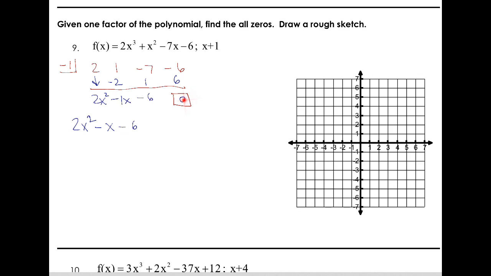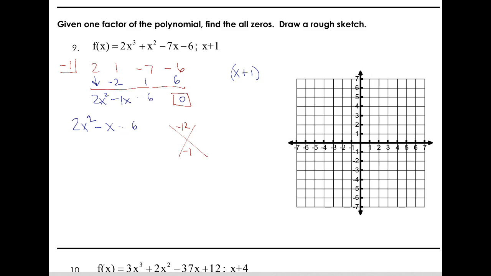We see that this is a 0, so we know that this is in fact a factor. So one of the factors is x plus 1. Now we factor to get the remaining factors, right? So 2 times negative 6 is negative 12, and a negative 1.